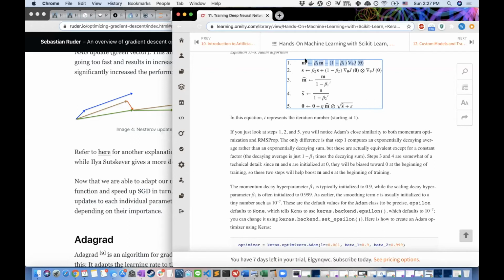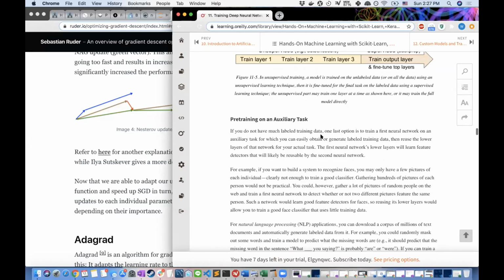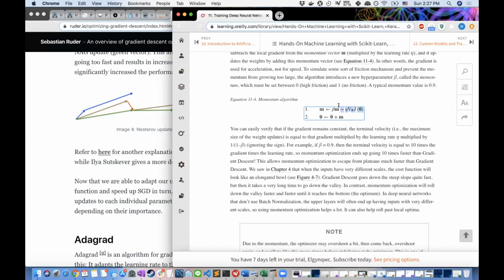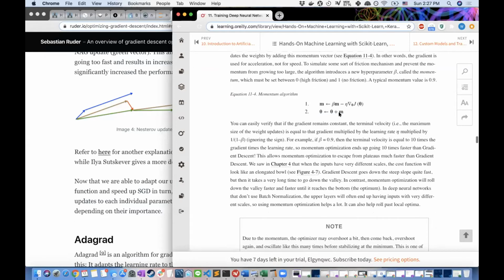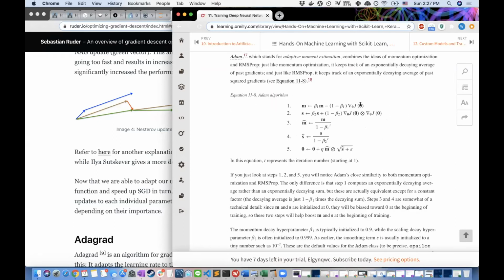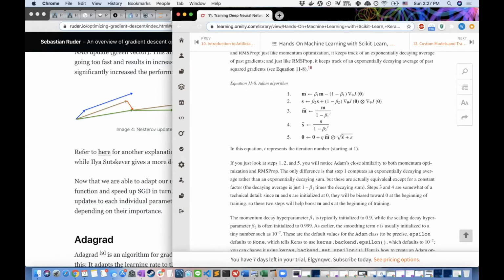If you compare this to the momentum right here, that's what he referred to as the exponentially decaying sum, and this is the exponentially decaying average. These are actually equivalent except for a constant factor. The decaying average is just 1 minus beta 1 times the decaying sum.